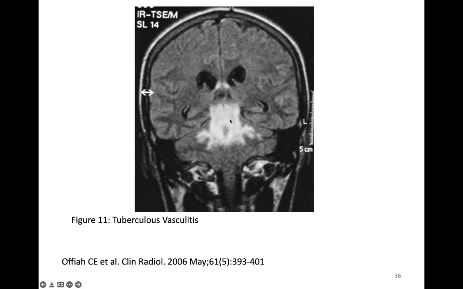I'm sure it was not the only sequence they have; they must have done other sequences, diffusion and all that. The conclusion will be that it's an area of infarction. Probably the TB has infiltrated one of the basilar branches that supply the cerebellar peduncles, and this resulted in an infarct in that area.